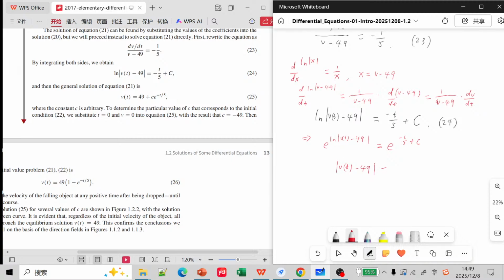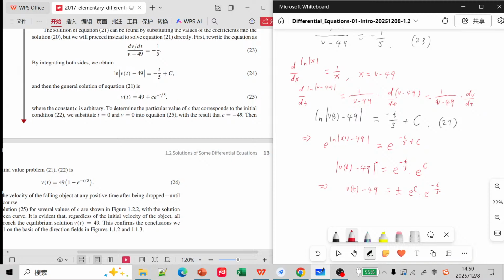This is equal to the same thing, but we can write it this way, times e to the big C, and then we remove the absolute value, so it is plus or minus, and then we exchange these two terms' order, e to the big C times e to the minus t over 5.